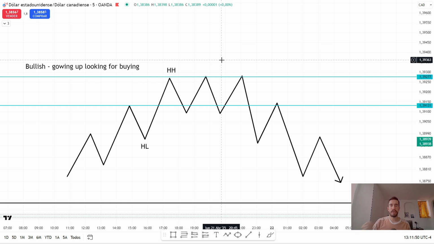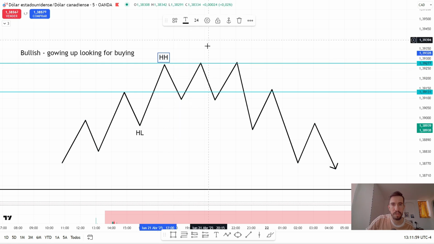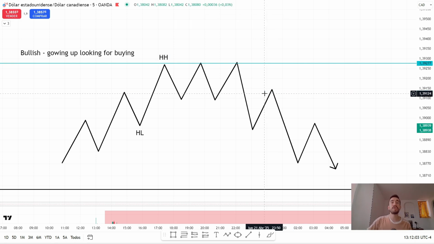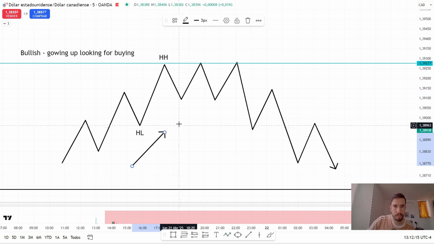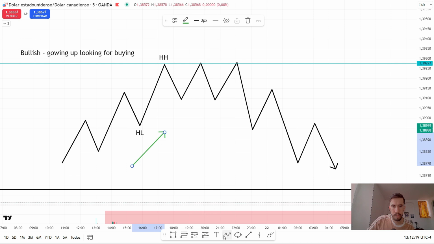When the price is not crossing this higher high area anymore, it is because something is happening, which might be a change from a bullish structure to a bearish structure.